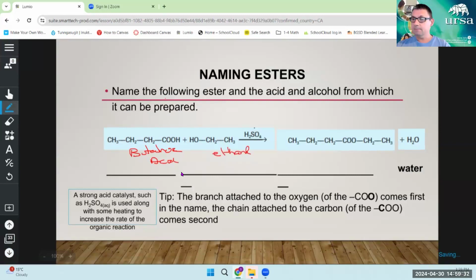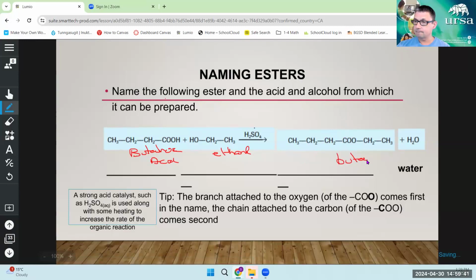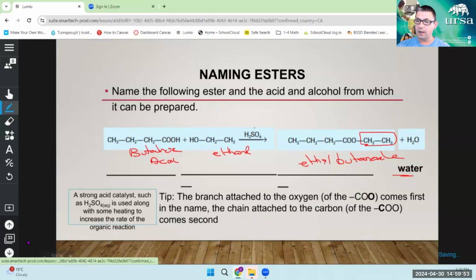When it combines, butanoic acid forms the main part. So this would make this butanoate. And the alcohol part, so it becomes ethyl butanoate. And of course, water comes off as well.